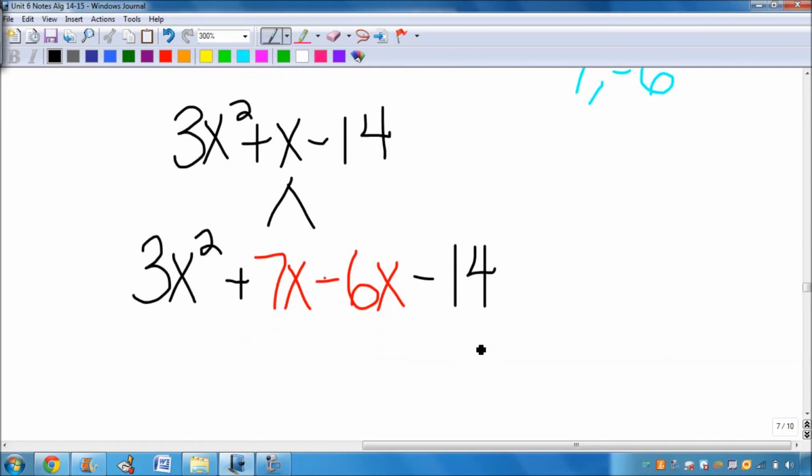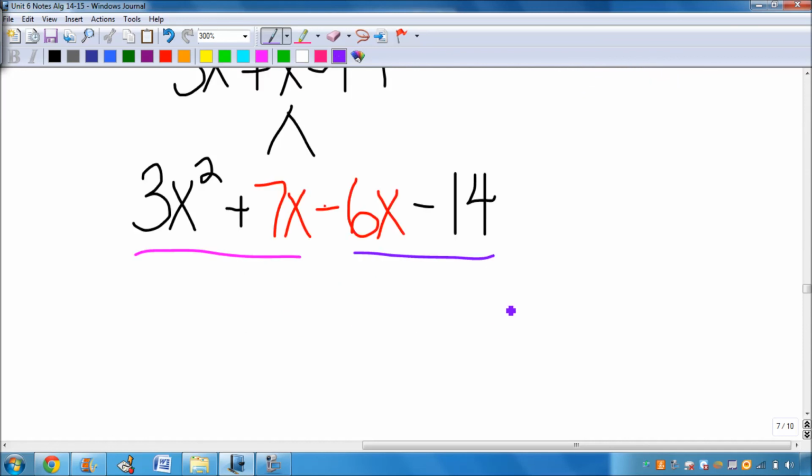Okay, so now I'm going to factor each group. So this is where the factoring by grouping will come in. In my first group, the only thing that's in common with 3x squared and 7x is an x. So I factor out an x and I have 3x plus 7 left over. In the second group, first of all, the leading coefficient is negative, so I'm going to factor out a negative value.